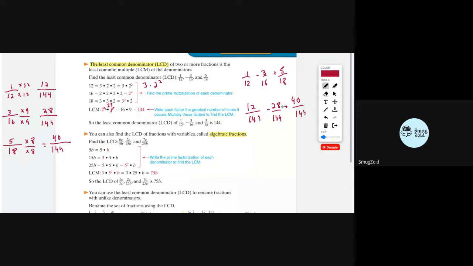So my answer would be essentially 52 minus 28. I should do it like this so I can see what I'm doing. 12 minus 8 is 4, 4 minus 2 is 2. So it'd be 24 over 144 as my final answer.